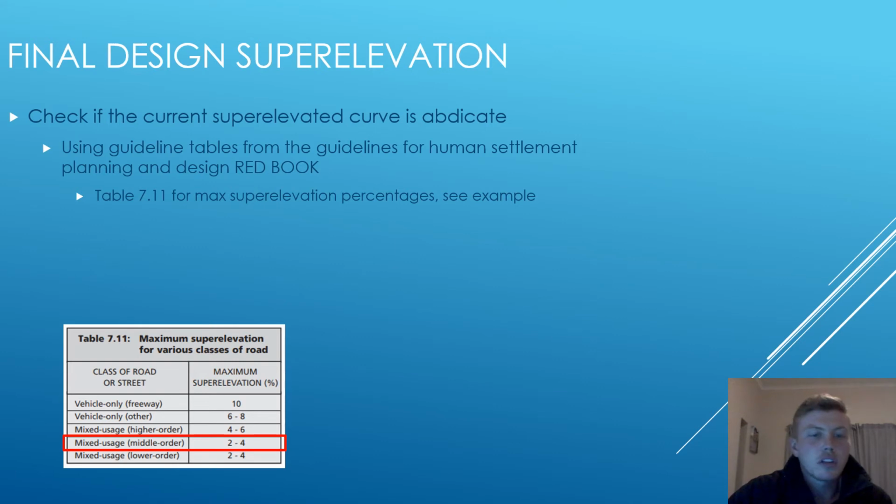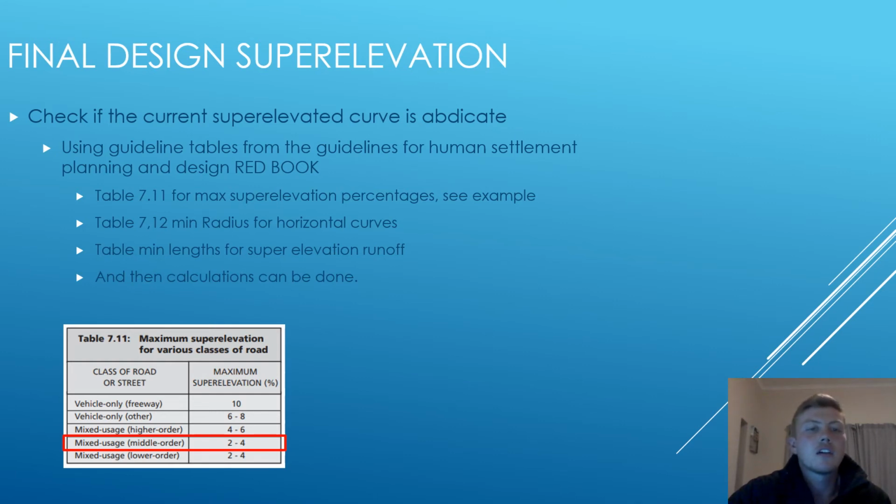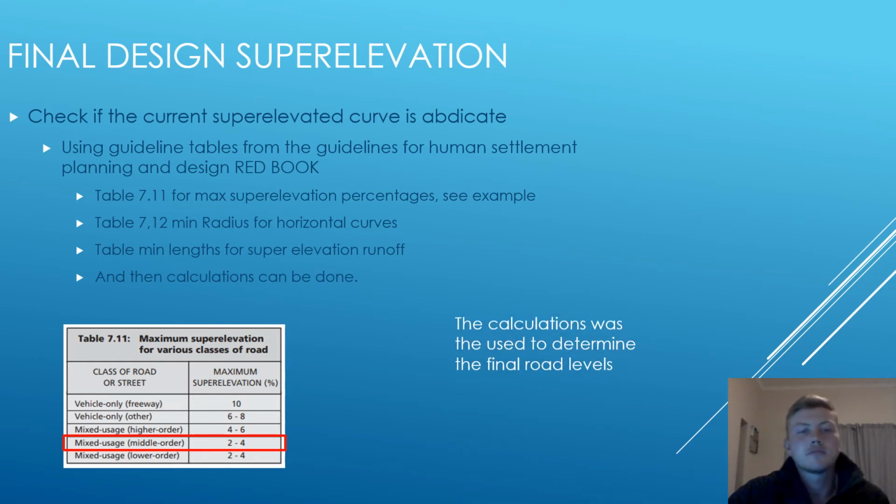It was a simple reading from the Red Book, and I saw that the maximum super elevation percentage was between 2 to 4%. Table 7.12 was used for the minimum radius of horizontal curves. Table 7.13 was for the minimum length of a super elevated runoff length, and then all the calculations were done. The calculations were used to determine the final road levels.